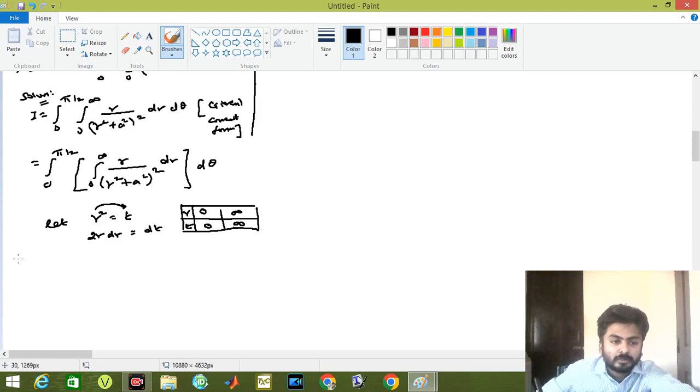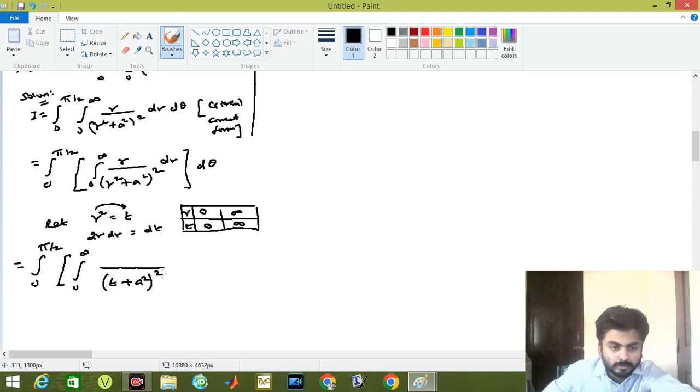So we can substitute it as it is: integral 0 to pi by 2 into integral 0 to infinity. We substitute for t, r square equal to t, so t plus a square the whole square.